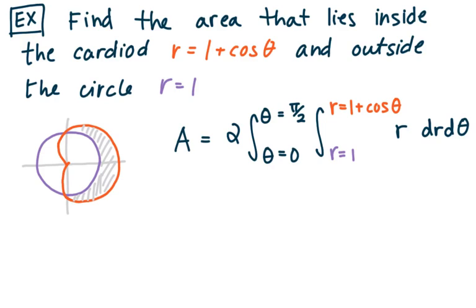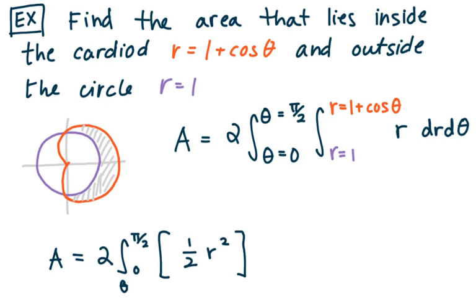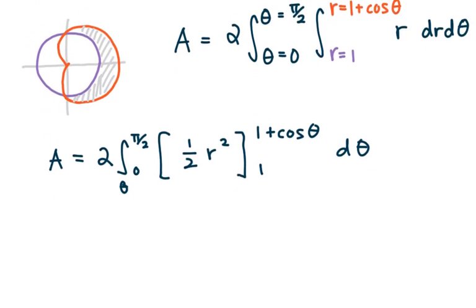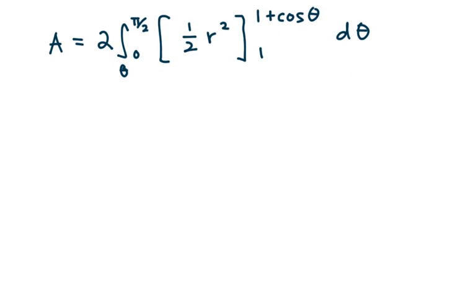Now we're going to evaluate. Integrating r with respect to r, I'm going to have a 2, and these are my theta bounds from 0 to pi over 2. That becomes 1/2 r squared, evaluated from 1 to 1 plus cosine theta, integrated with respect to theta. So this 1/2 and this 2, it's lovely that they cancel out. I've got 0 to pi over 2.